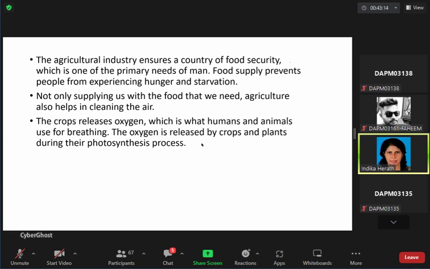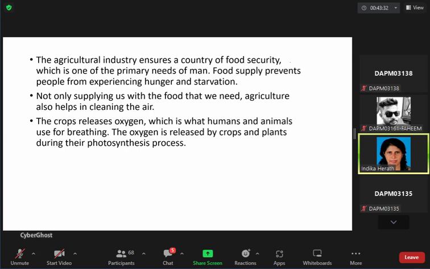The crops will release oxygen, absorbing carbon dioxide. Oxygen is needed for us to breathe, right? So plants have the ability to release oxygen, taking up carbon dioxide.